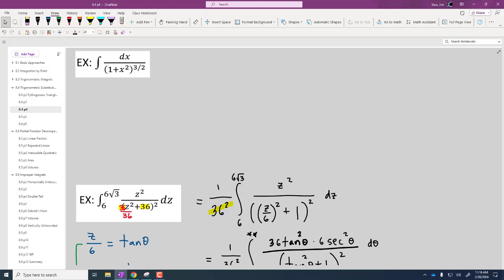Secant squared, you can imagine the secant squared out with the differential. So if you pull off secant squared, you're going to let u be secant squared to the 3 halves, or u sub.